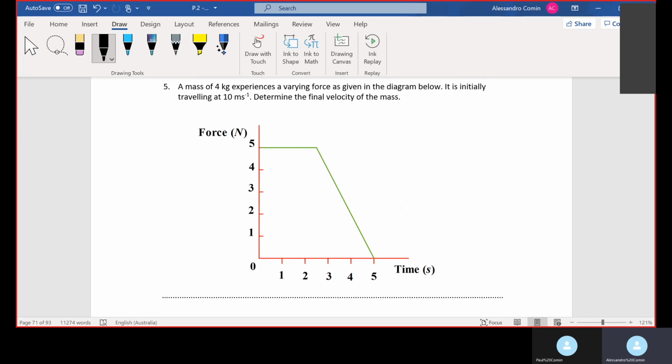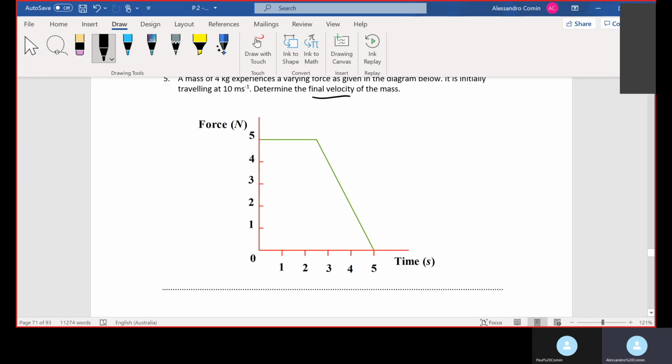So remember, we're asked to find the final velocity. So we have F delta T is equal to m(v minus u), where we know that u is equal to 10 and m is equal to 4. So F delta T, the impulse, is just the area under this graph, and that's just a trapezium.